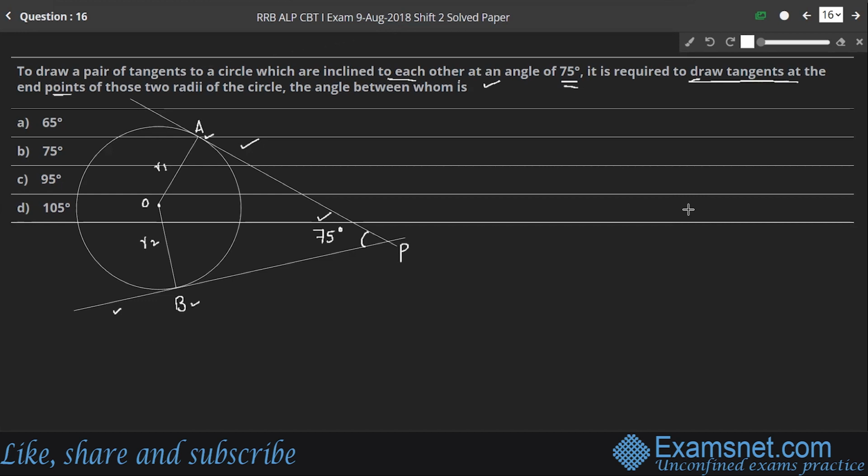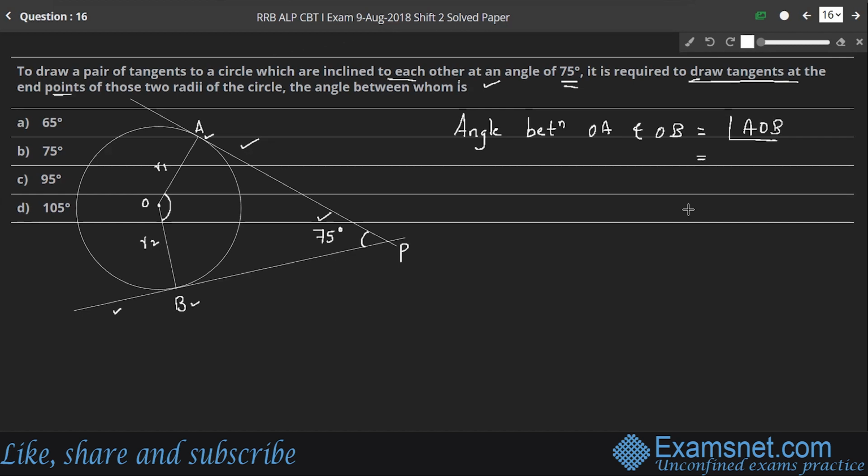So the angle between whom is the angle between two radii, which is AOB, right? So we need to find the angle between OA and OB, which is angle AOB is equal to. So what is the measure of this angle?